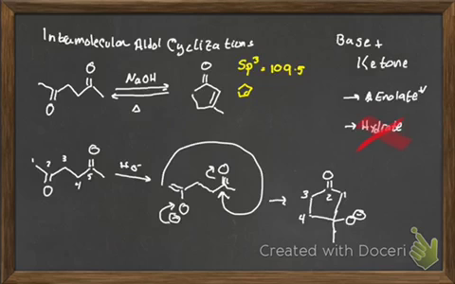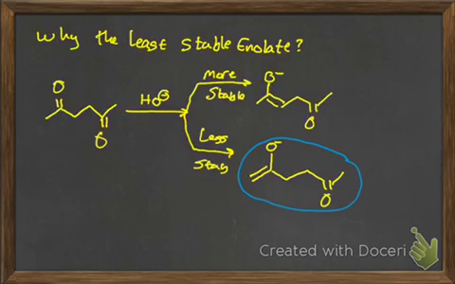Bond angles on the inside of a pentagon are 108 degrees. So it does not take a whole lot to get this to cyclize into a 5-membered ring, which is a big part of why 5-membered rings are easier to form than 6-membered rings. All right, so we've established that the 5 will work, the 3 will not.